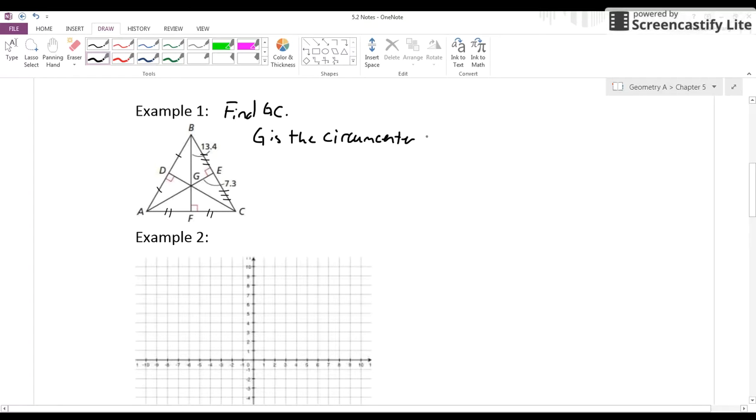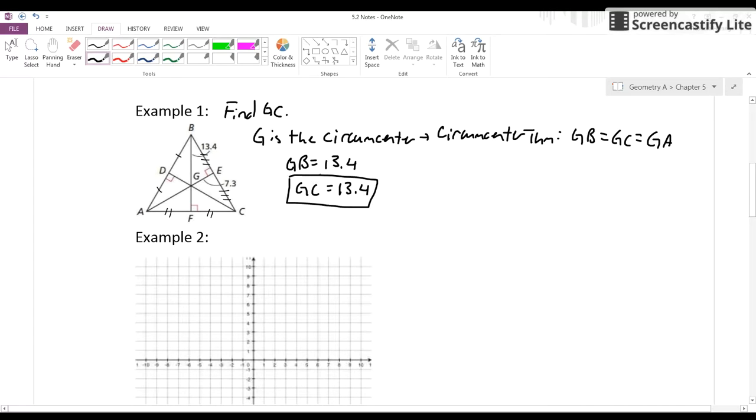So since G is a circumcenter, the circumcenter theorem tells us that GB is equal to GC, which is equal to GA, because the distance from the circumcenter to each vertex is going to be the same. So since we know that GB is 13.4 based on the diagram, we know that GC should also equal 13.4. And again, remember, the answer is not the biggest issue. It's the logic that helps us get there. That I think is the most important.